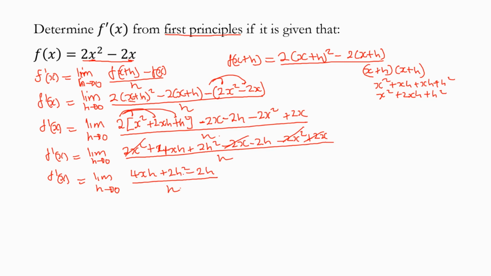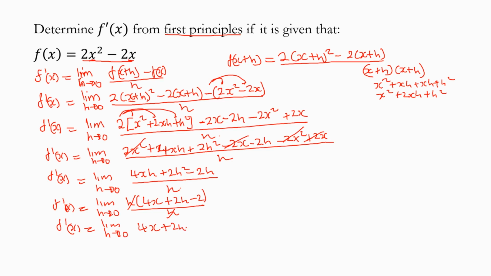Then we can factor out h in the numerator: f prime x is the limit as h approaches 0 of h times 4x plus 2h minus 2, all this over h. Then h divided by h is 1. We remain with f prime x equal to the limit as h approaches 0 of 4x plus 2h minus 2.